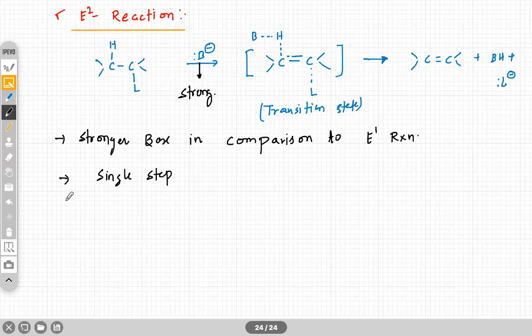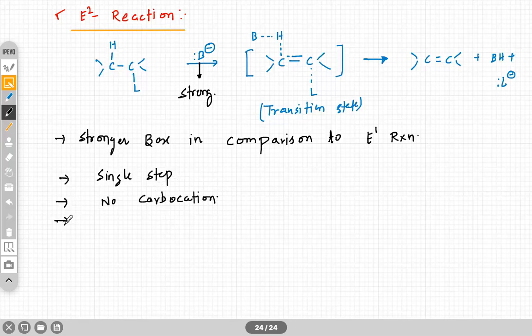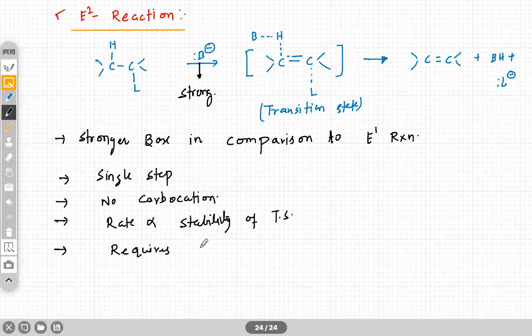No carbocation formation. Rate is directly proportional to the stability of the transition state. It requires a strong base.